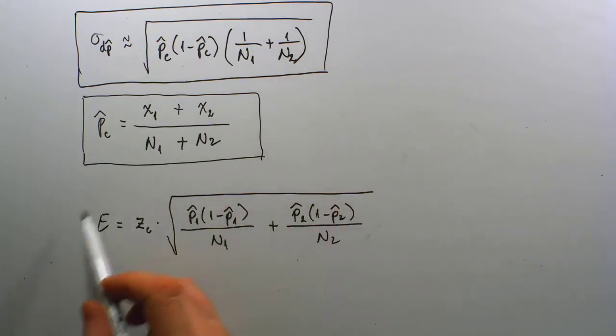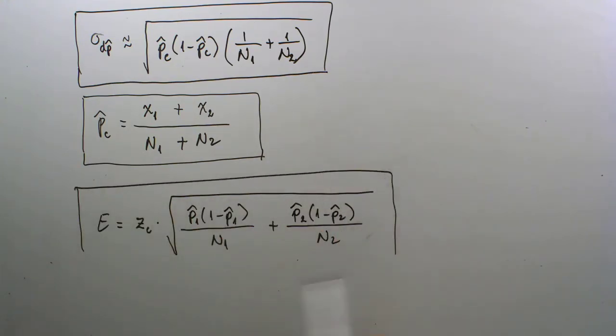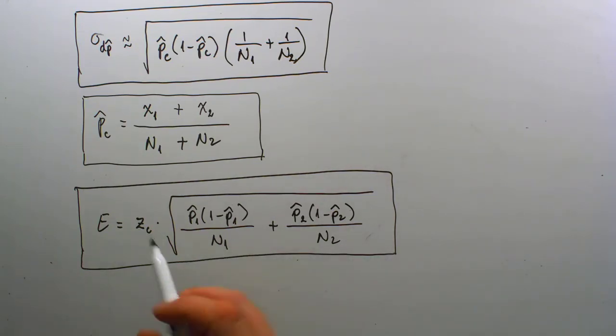This is the formula to calculate the margin of error when we need to construct a confidence interval to estimate our dp.